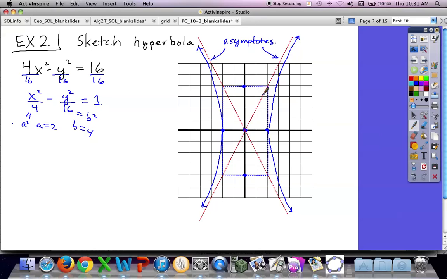So that line right there is y equals 2x. How about this line? This one has a negative slope, so it's y equals negative 2x.